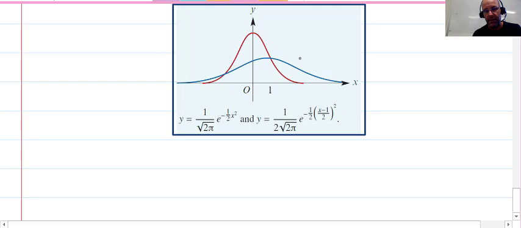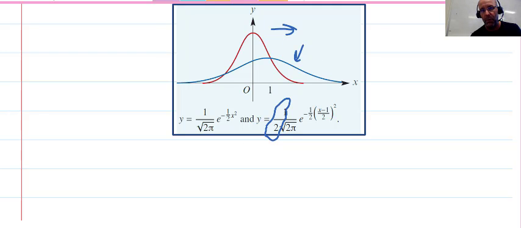You notice that this one here has been dilated by a factor of 1/2 in the y direction. In other words, it's been dilated away from the y-axis by a factor of 2, but it's been compressed vertically by a factor of 1/2. You can see that hopefully there, and then it gets translated in the positive x direction, or to the right, by 1 unit. More in the next video.